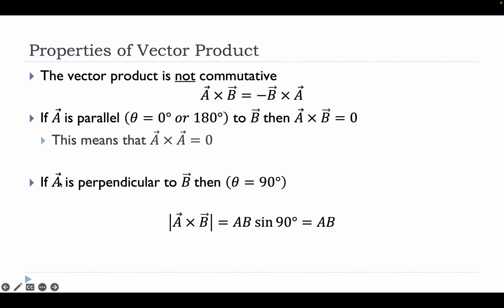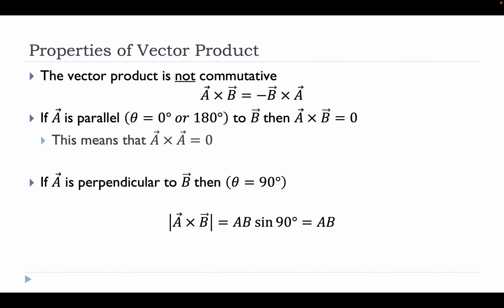On the other hand, if A is perpendicular to B, then the angle is 90 degrees. And so the magnitude of A cross B, that new vector, would just be the magnitude of A, the magnitude of B times sine of 90. Well, sine of 90 degrees is just 1, so the cross product magnitude of these two vectors is just the magnitude of each of the vectors multiplied together. So this is exactly opposite to the dot product.